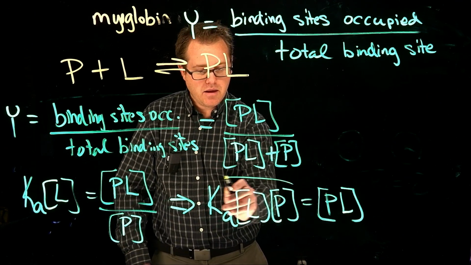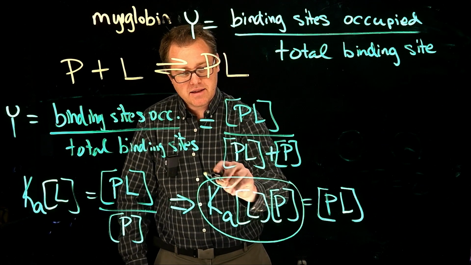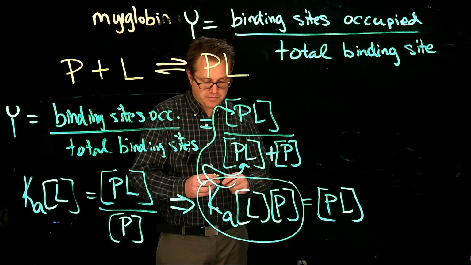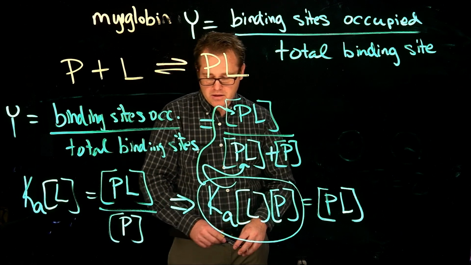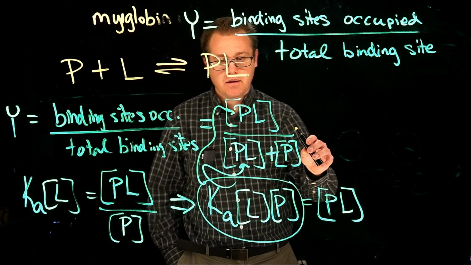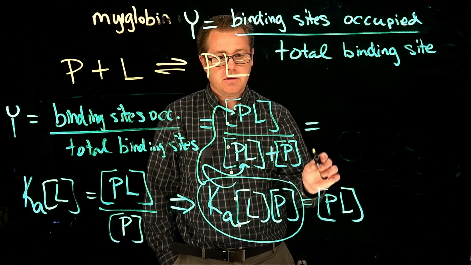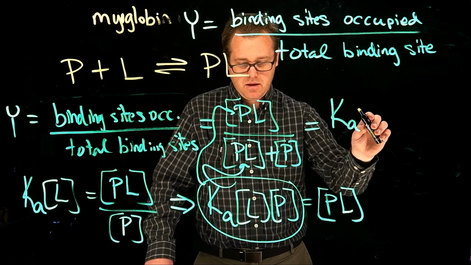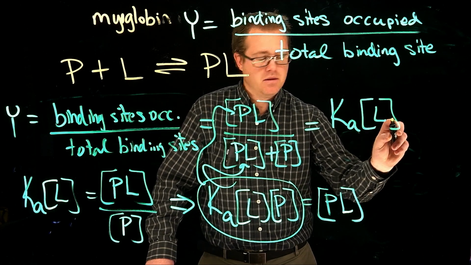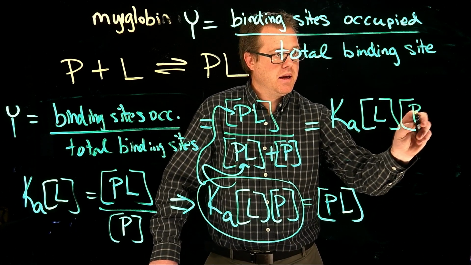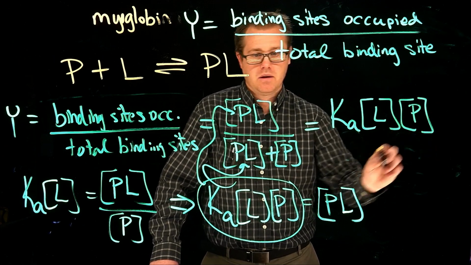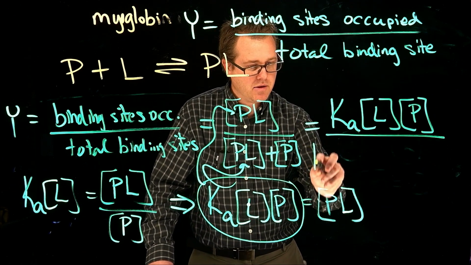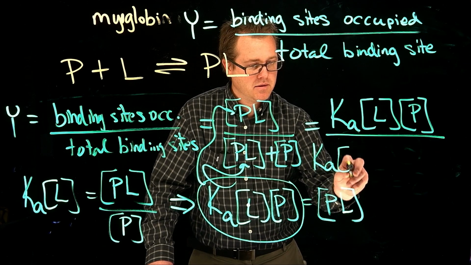So we can take this term right there and substitute it in for that, and substitute it in for that. Okay? And so when we do that, this equation now is going to look like, we have Ka times L times our P. That's our PL. And then we have PL, so we write the whole thing all over again in the denominator.